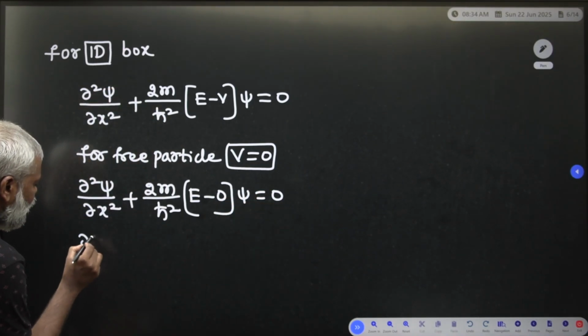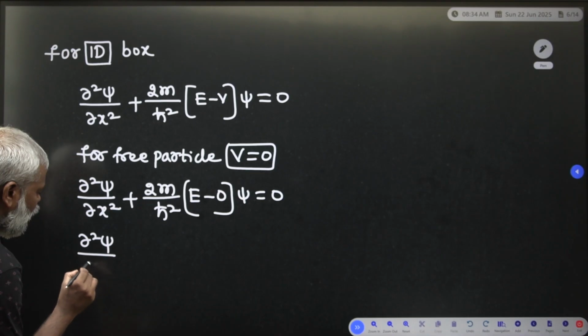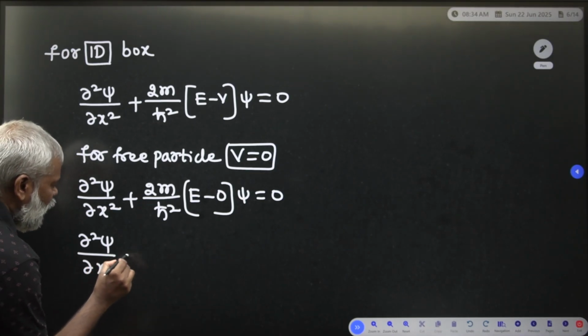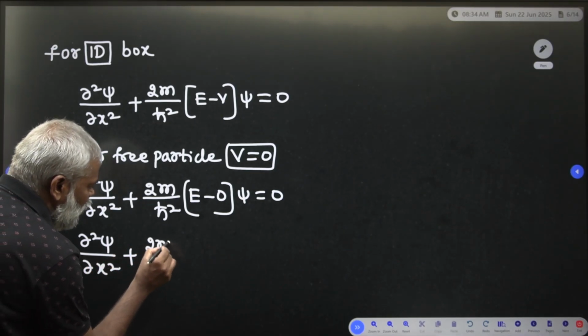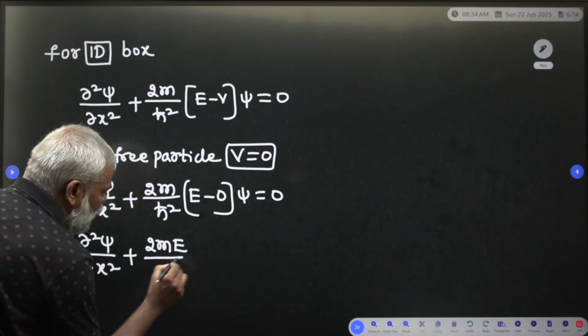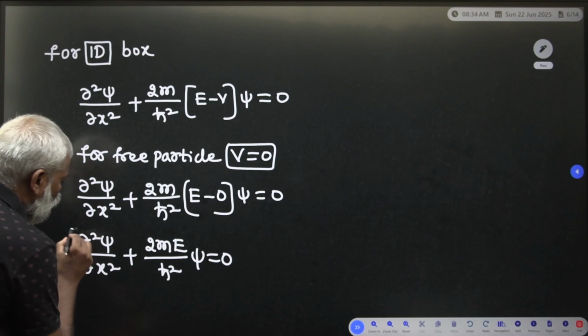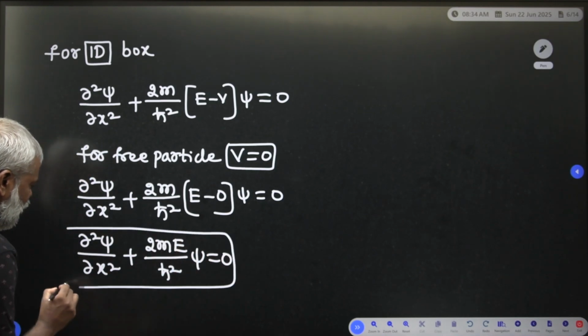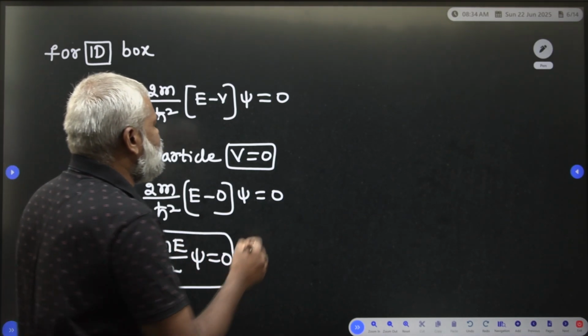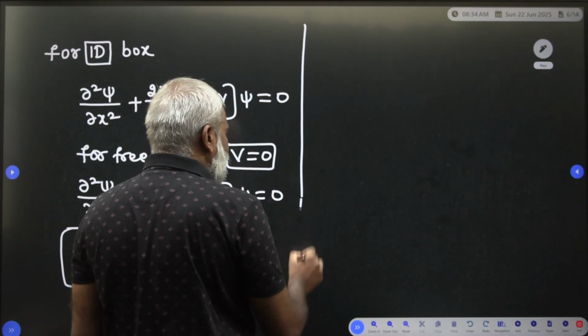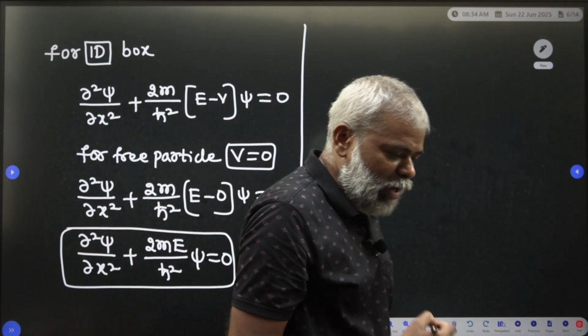Now you have to write it as ∂²ψ/∂x² + (2mE/ħ²)ψ = 0. This is your Schrodinger wave equation for a free particle in one dimension.